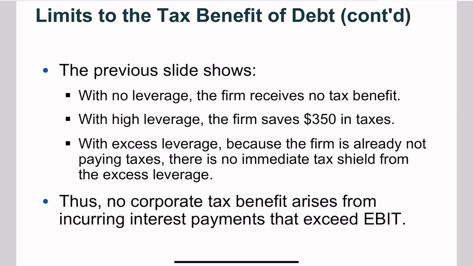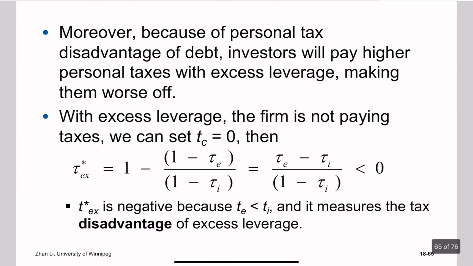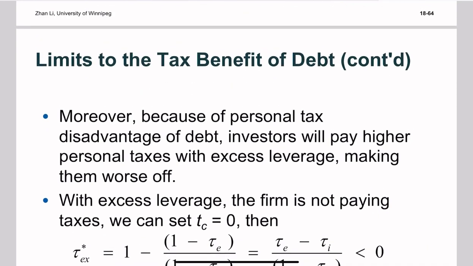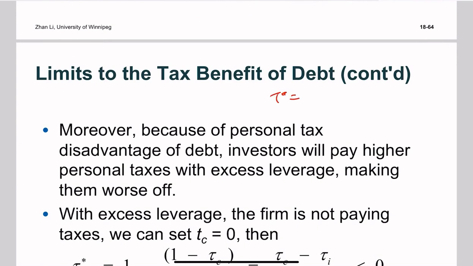This actually implies that if the firm is using excess leverage, there could be additional cost, which could reduce the firm's value, because the tax rate on interest income is so much larger compared with the tax rate on the equity income. You can see this from a very simple calculation. We have learned the effective tax advantage of debt is given by this formula.